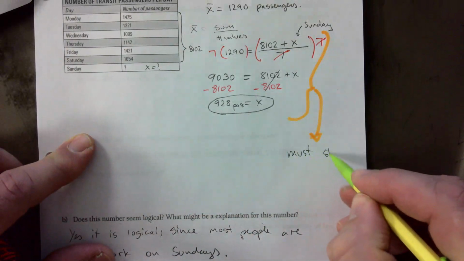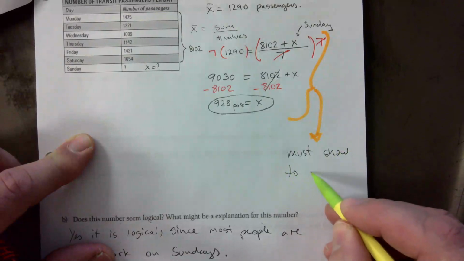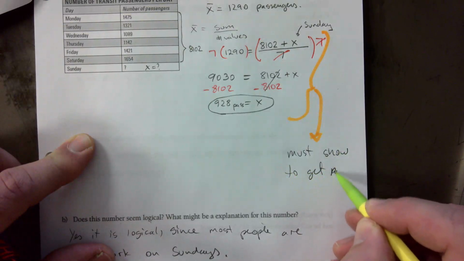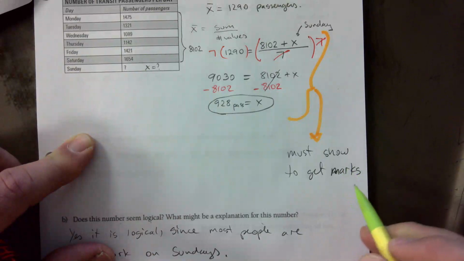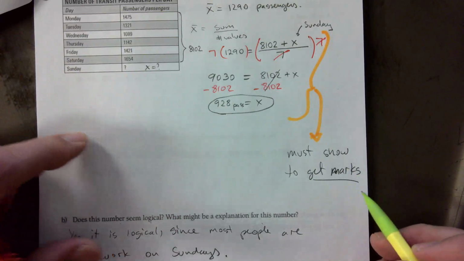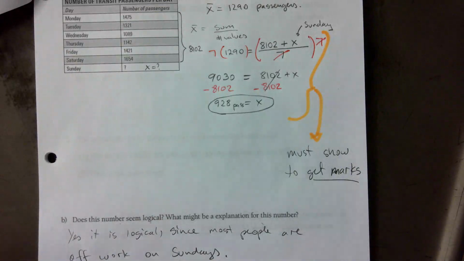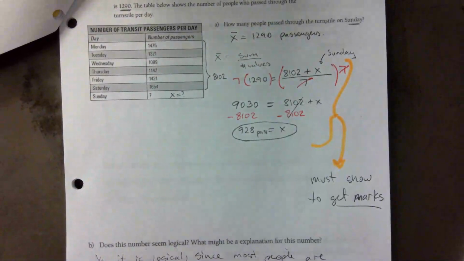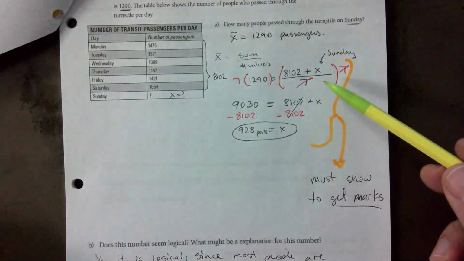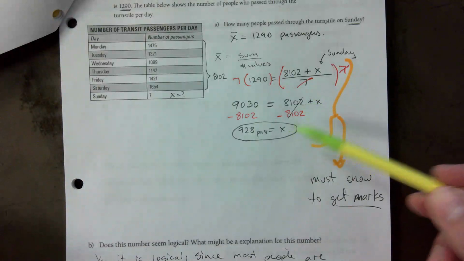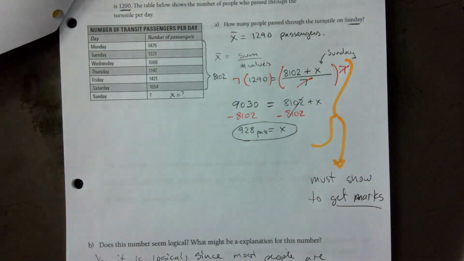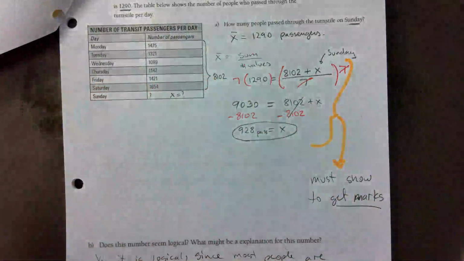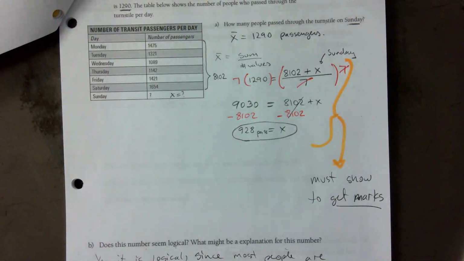Must show to get marks. If I ask you to do this algebraically, I'm not going to say backwards, that's just a term that I use with you, but algebraically, then you need to show. So how many lines would this be? 1, 2, 3. 3 lines. That's all I'm asking. If you want to do some work on the side here, that's fine with me. But 3 lines if you want to get full marks there.